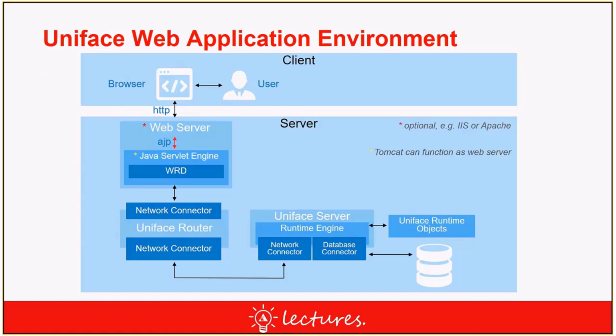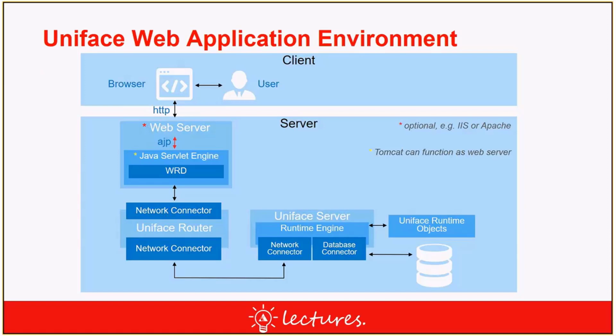You could use another one, such as JBoss, WebSphere, etc. The key point here is the web request dispatcher, WRD, which is the Uniface web middleware interface, which will talk to the Uniface router. And here it's very similar to any other Uniface deployment. Effectively, you've got the Uniface engine, multi-platform, no need to rebuild all of your objects, all of the benefits that you know and we all have come to love.